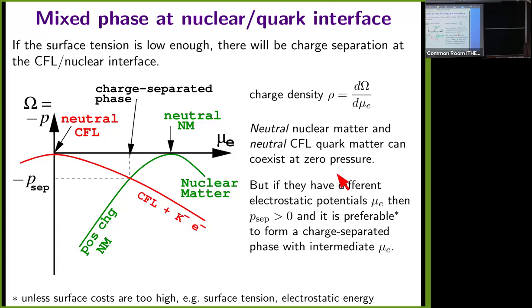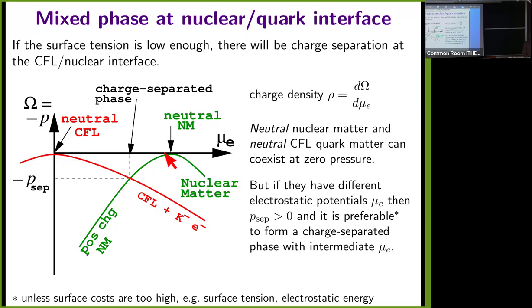Here's neutral nuclear matter with the electrostatic potential that makes it neutral, and it has the same pressure as neutral quark matter, which has whatever electrostatic potential makes it neutral. They have different electrostatic potentials, but with those different potentials, they can coexist.